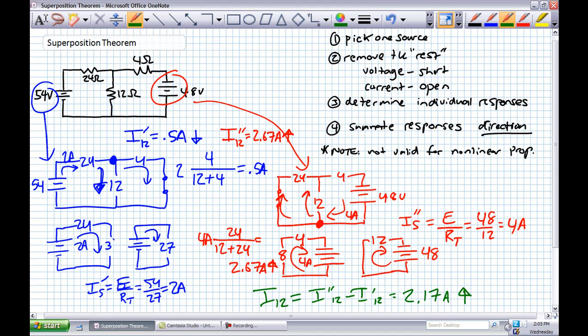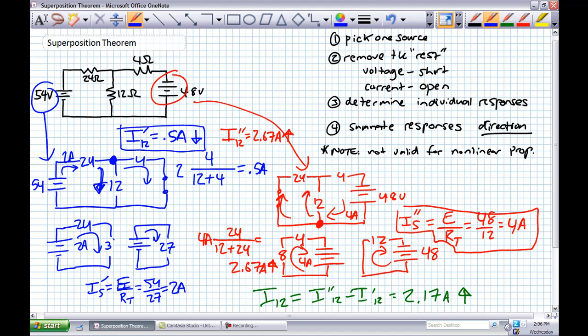Okay, so what is the power for this? Okay, I said it's not valid for nonlinear properties. What I mean is I could not use this current and this current to determine the power.